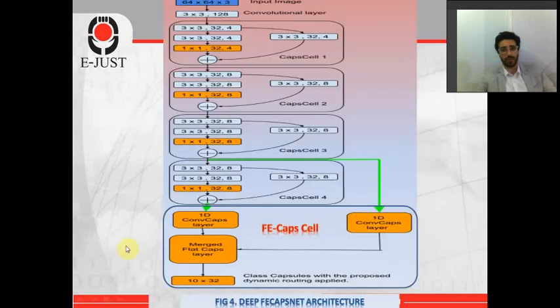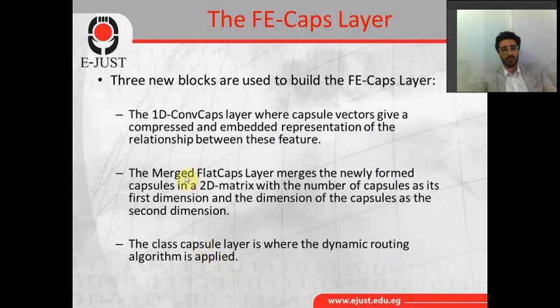Then the output capsules go into the merged flat capsule layer, which merges capsules coming from the skip connection and from the previous direct layer into a 2D matrix where the number of capsules is the first dimension and the second dimension is the dimension of each capsule vector.